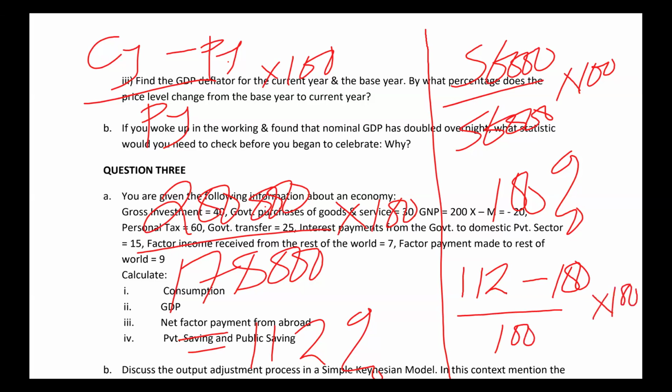What do you find? You find 12%. Now, what that communicates is that the prices have increased by how much? By 12%, isn't it?